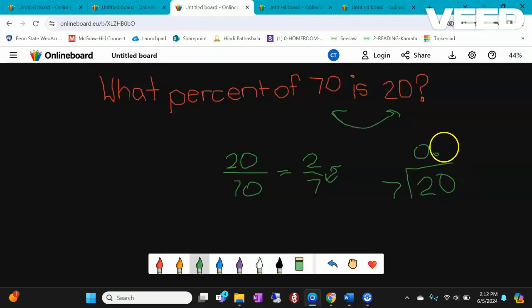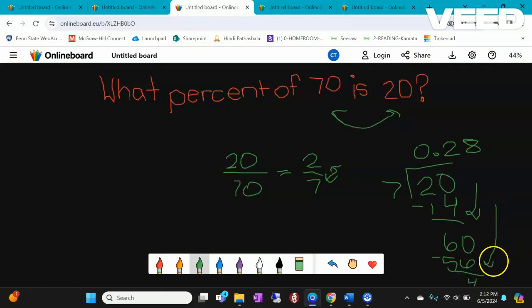We take this, 20 minus 14 is 6. Carry down the 0. The answer next is 8. Carry down the 0.